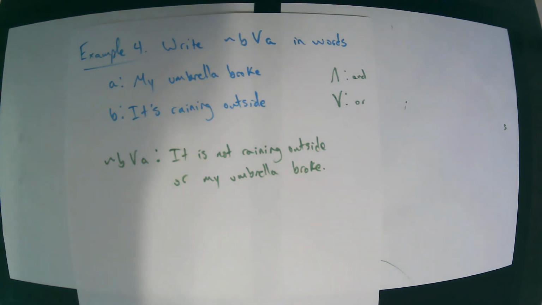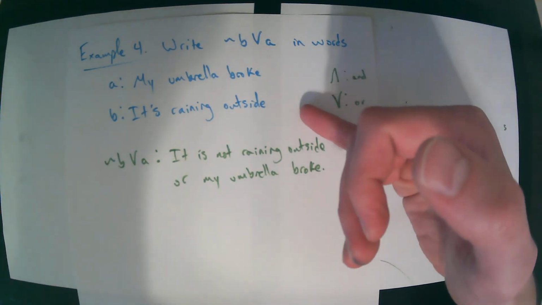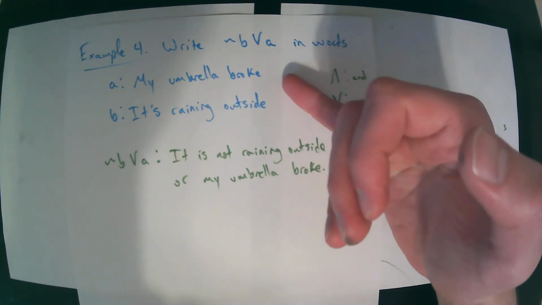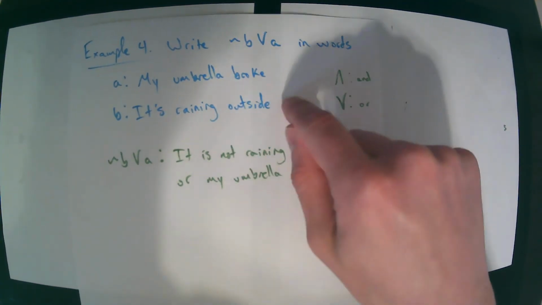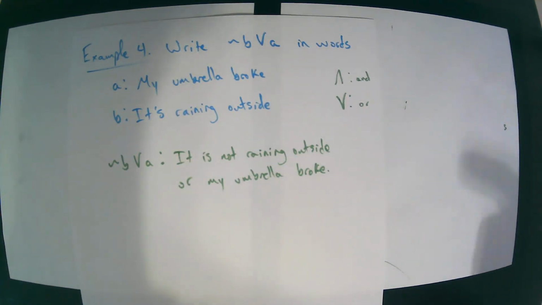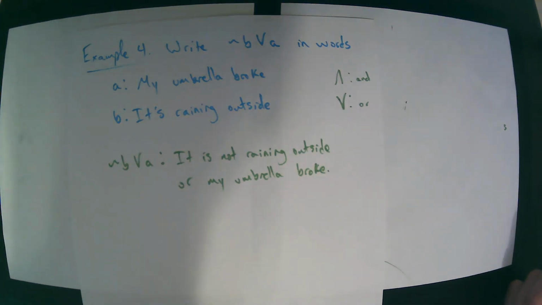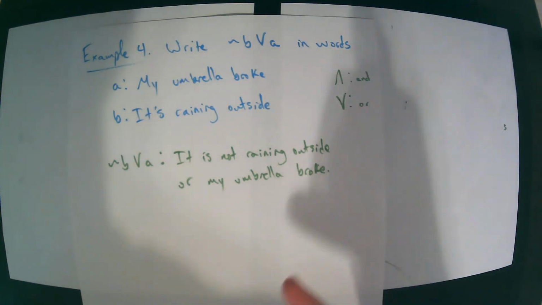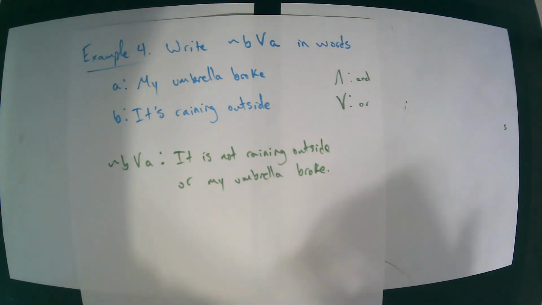Each statement has two possibilities, right? My umbrella broke can either be true or false, and this statement can either be true or false. So when I put them together, how many combinations do you think there are going to be? And how would the and, or, and imply symbols affect those combinations? That's what we're going to talk about in the next section.